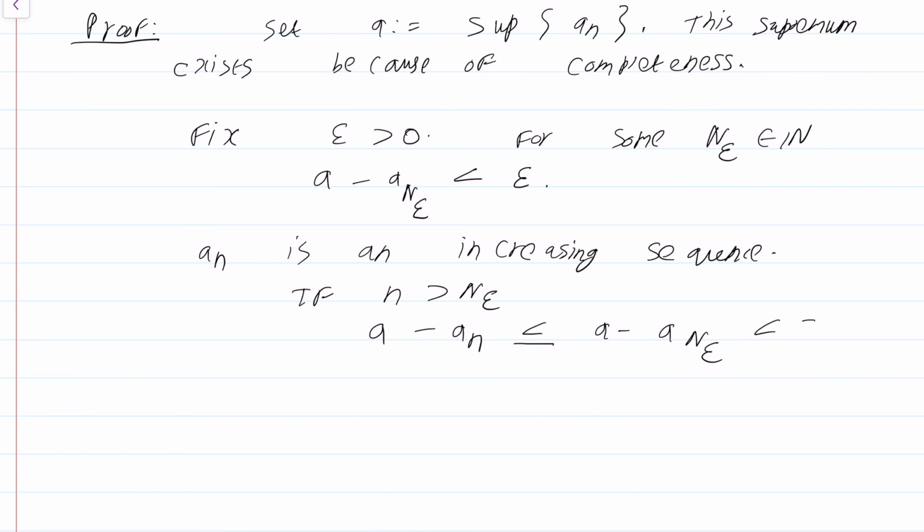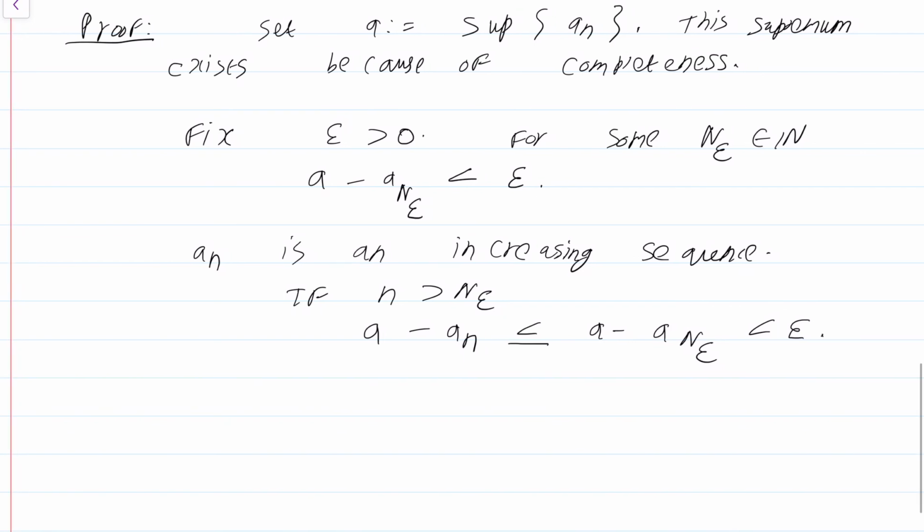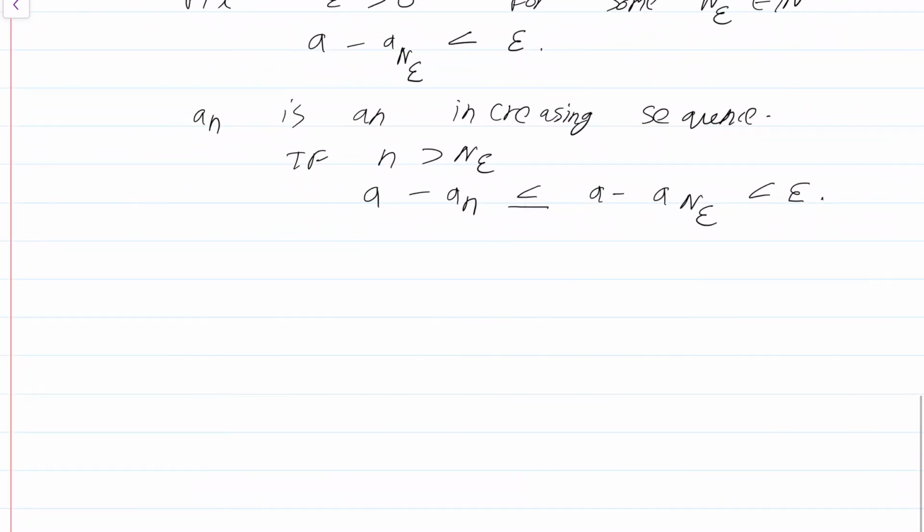But this is less than epsilon. We already know that A minus a_n is greater than or equal to 0, because A is the supremum of the set of a_n's. In other words, we have shown that the absolute value of A minus a_n is less than epsilon for all n greater than n_epsilon.